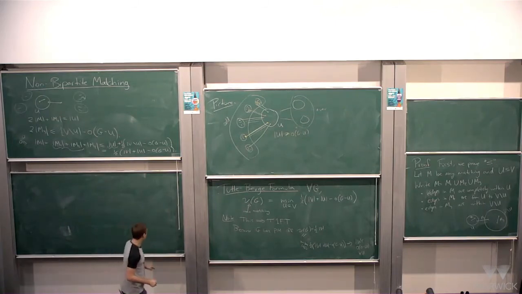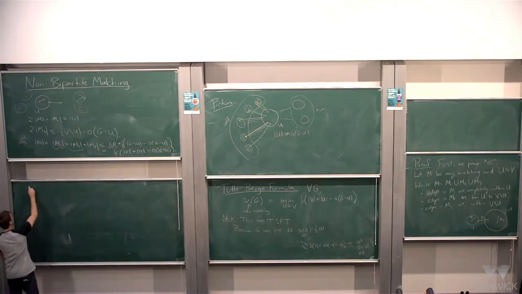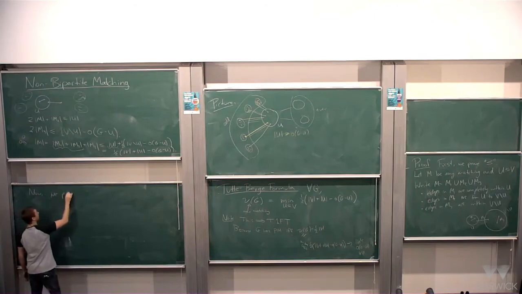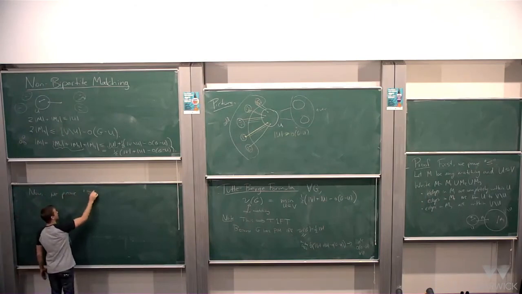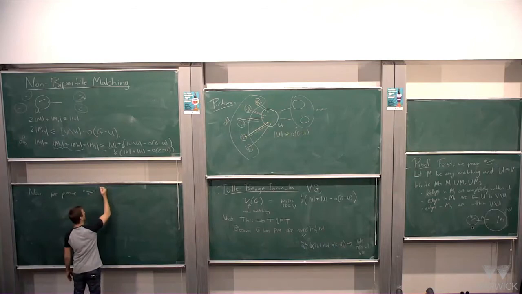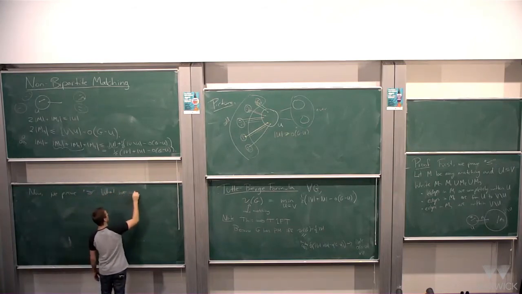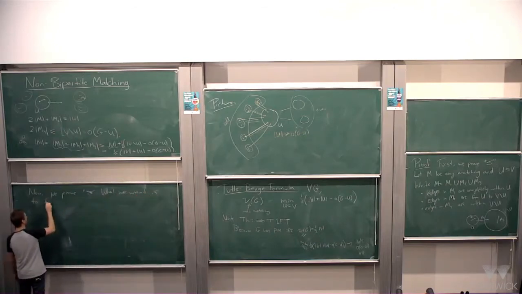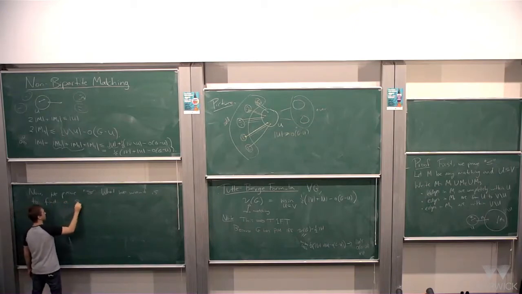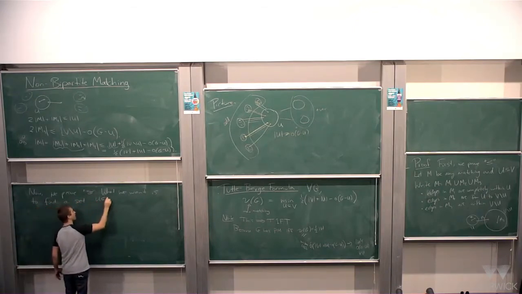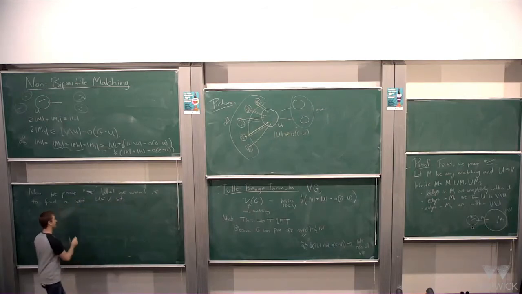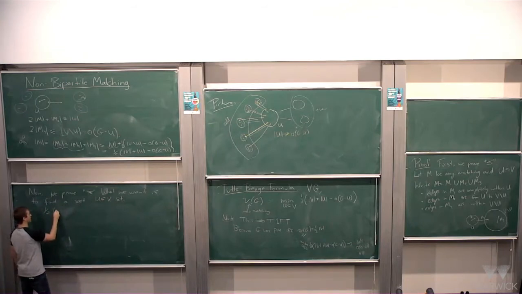Okay, so now the other direction. What we want to do is to find, just to make it clear, a subset of the vertex set such that you have this equality.